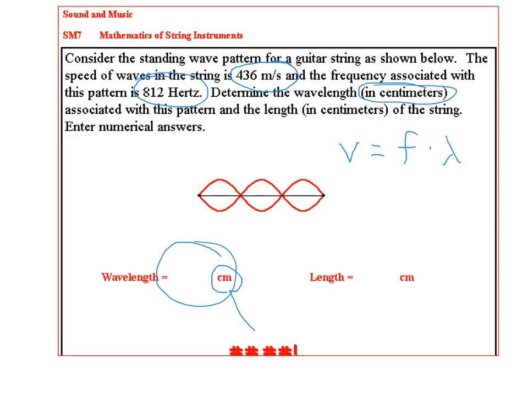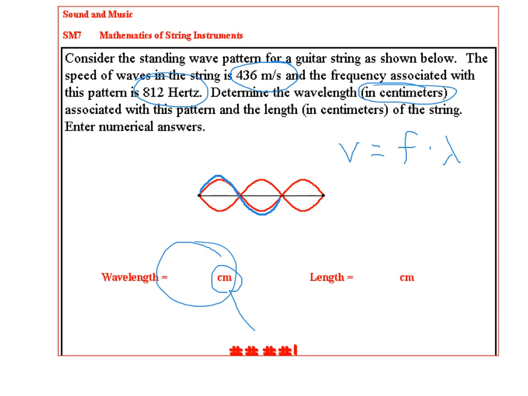So once you have that wavelength, then it's time to figure out the length of this particular string. Well, here's the next important thing to remember. Every complete wave consists of a crest plus a trough. So on this particular pattern, I'm going to trace out crest and trough, and it's going to look like this. Up and down and back up again.